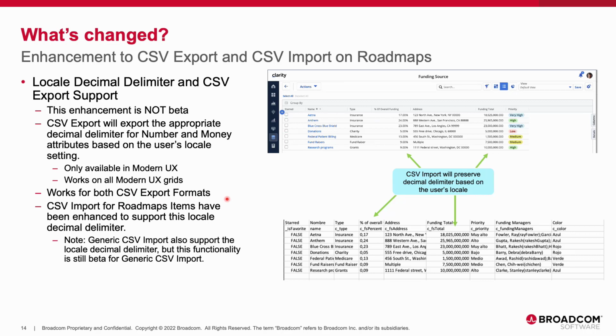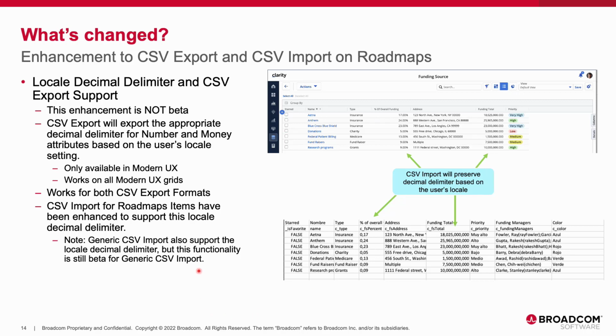We've enhanced this not only for the CSV export, it works for all the exports. We also enhanced the import for roadmaps to understand the locale decimal delimiter. So you can export the information out, and then go to your roadmaps and import that in as well.